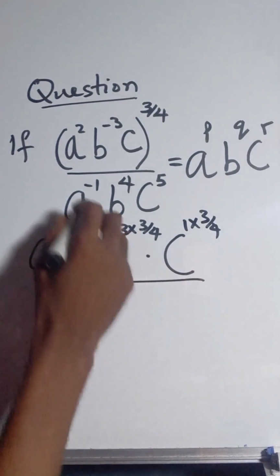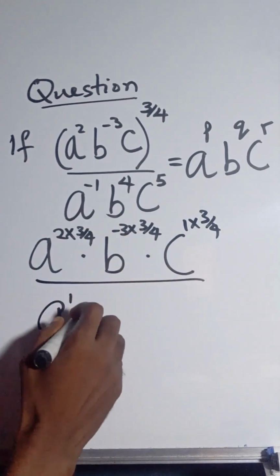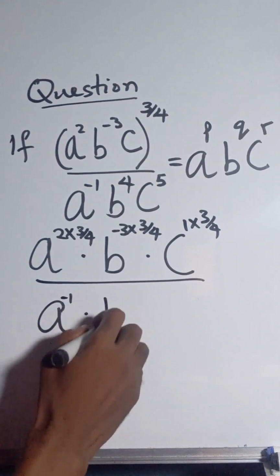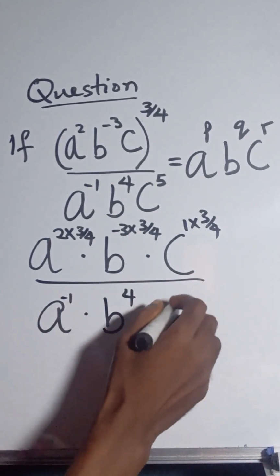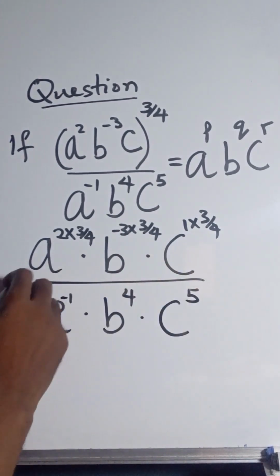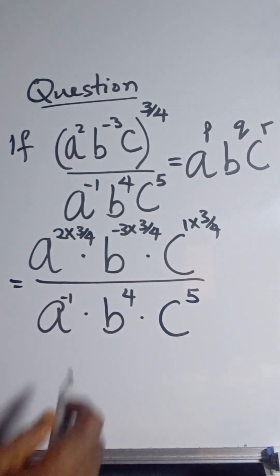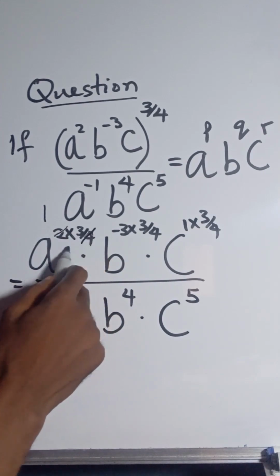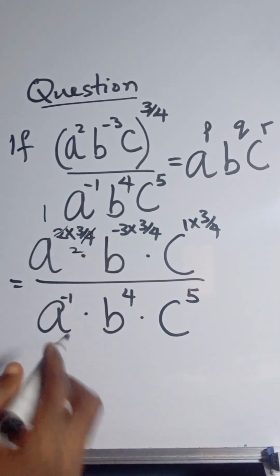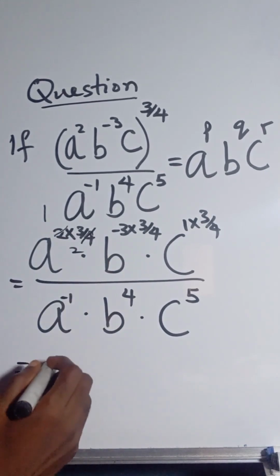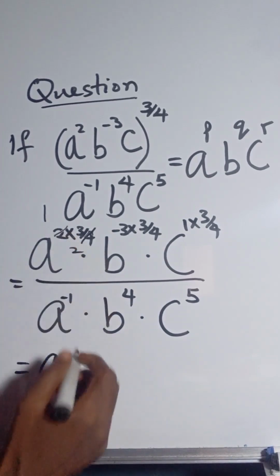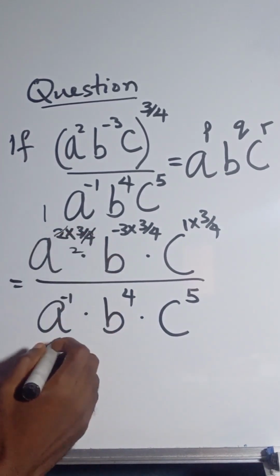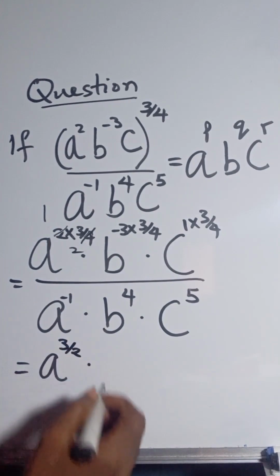All this is divided by a raised to power minus 1, b raised to power 4, c raised to power 5. Now the 2 can cancel with the 4, so we have a raised to power 3 over 2.